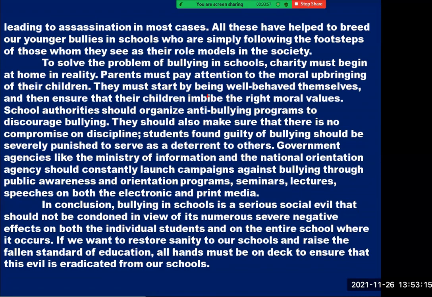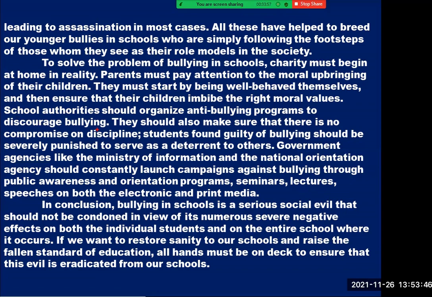So you are now saying that parents should address this issue. Okay. Then the next thing, school authorities should organize anti-bullying programs to discourage bullying. Remember, peer pressure, keeping bad company among the students, leads even some otherwise good students to be initiated into the bullying practice.